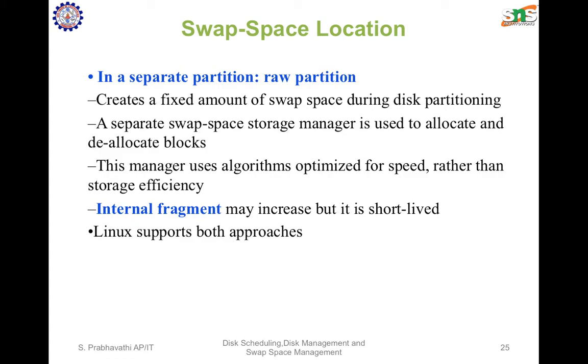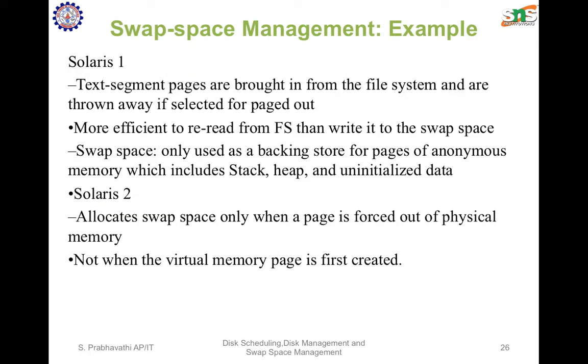Okay, so Linux operating system uses both file system and disk swap space. And we'll be seeing an example of swap space management for Solaris operating system and Linux. Okay, so in Solaris 1, text segment pages are brought into file system and thrown away if selected for pageout. It means text segment pages might be program code.